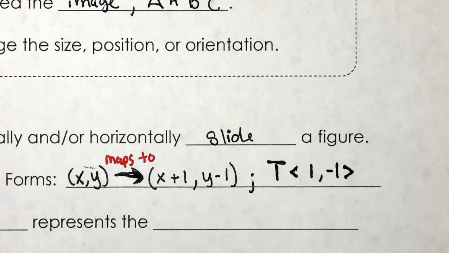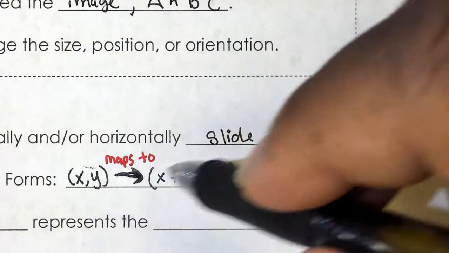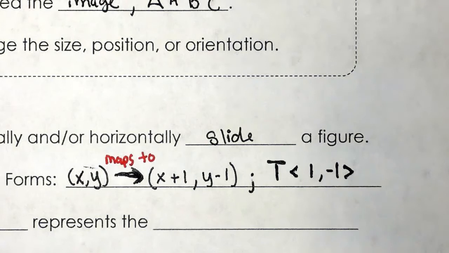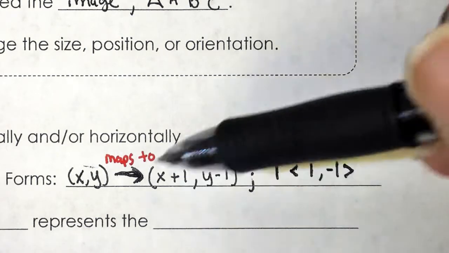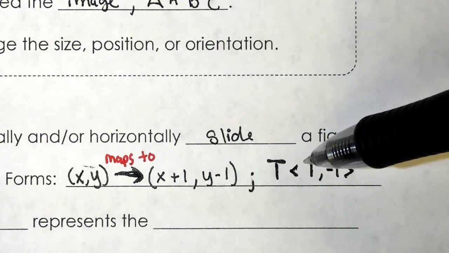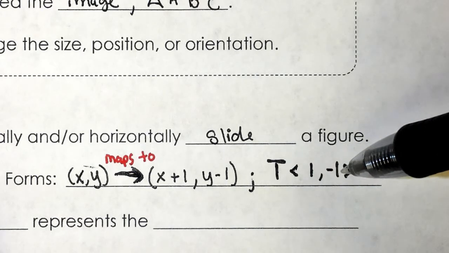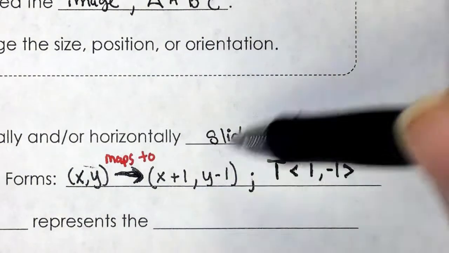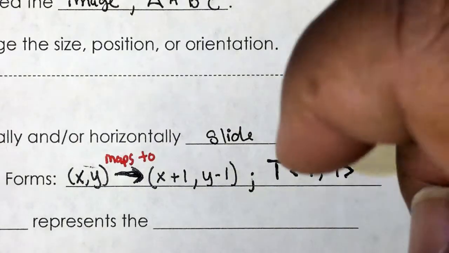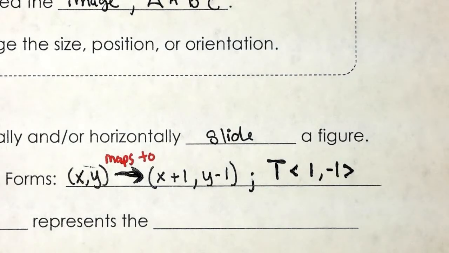This is a vector notation translation rule. Both of these are saying the same thing. It's just one is written in vector notation, the other one is written as a mapping rule. This one reads the same thing as this. Basically, it says do a translation where your X is plus 1 and your Y is minus 1. Same thing, just way shorter. Alright.